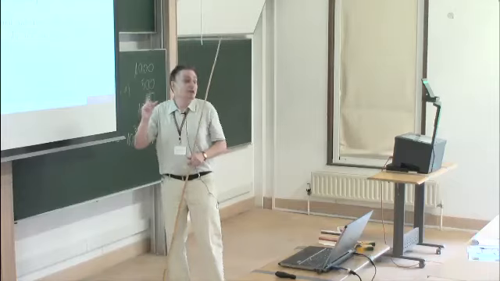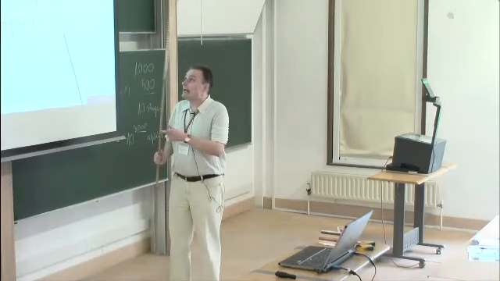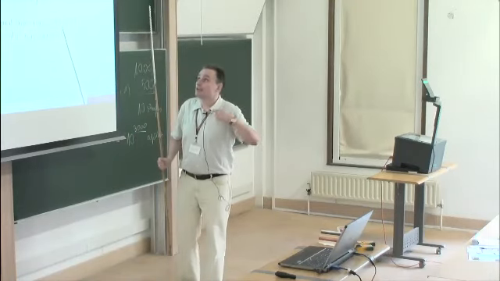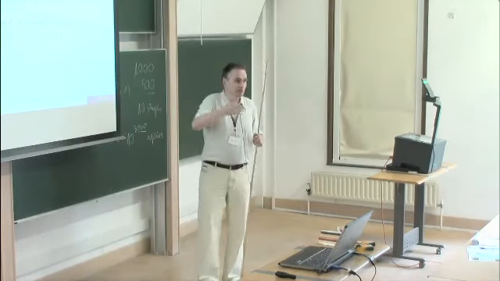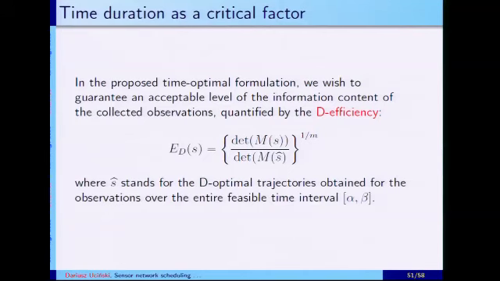But we wish to measure anyway, and at the same time, we wish to guarantee some measure of precision for the estimates. We introduce this precision as a constraint using the so-called D-efficiency, which is defined as follows.